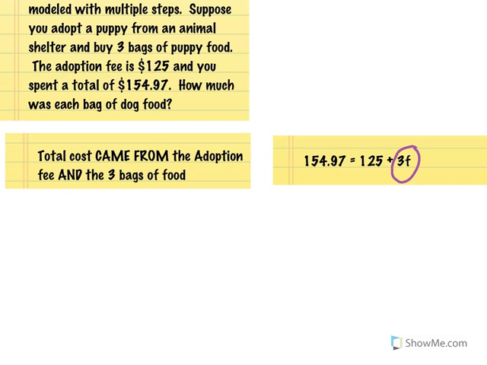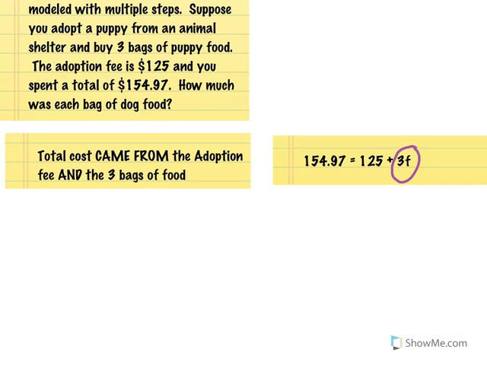So again, same thing as when we were solving one-step equations, we had to isolate our variable. When I'm isolating my variable, I am undoing what's being done to that variable. So I need to do the order of operations in reverse. The order of operations: please excuse my dear Aunt Sally, parentheses, exponents, multiply or divide, add or subtract.